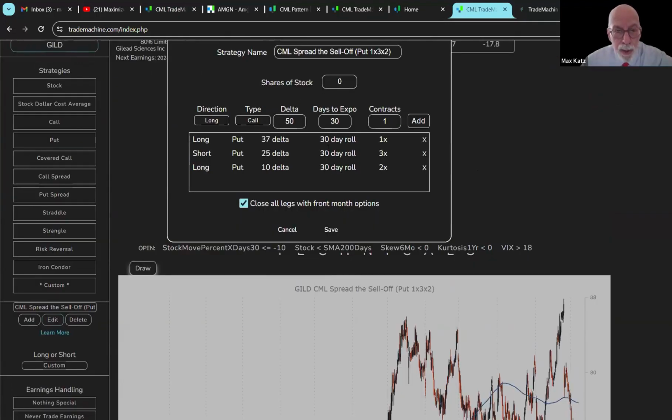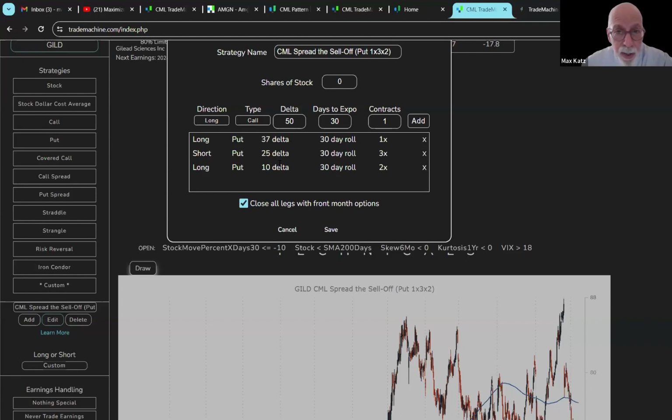If my one long put spread, the 37.25 long put spread, let's say that's 5 points wide, I don't want my short put spreads, the 25-10 deltas, wider than twice the width of my long put spread. So if my long put spread is 5, I don't want my two short put spreads to be 15 or 20. Too much risk. That's how I control risk on data entry.